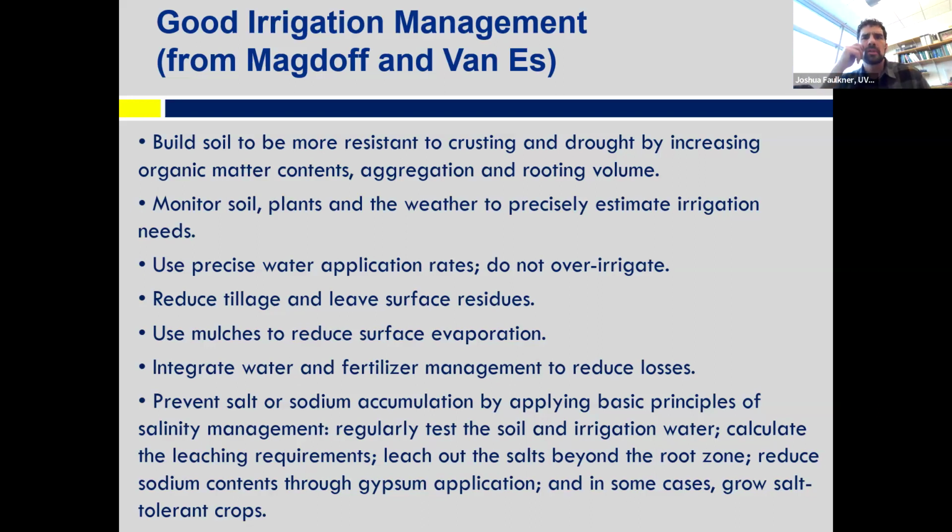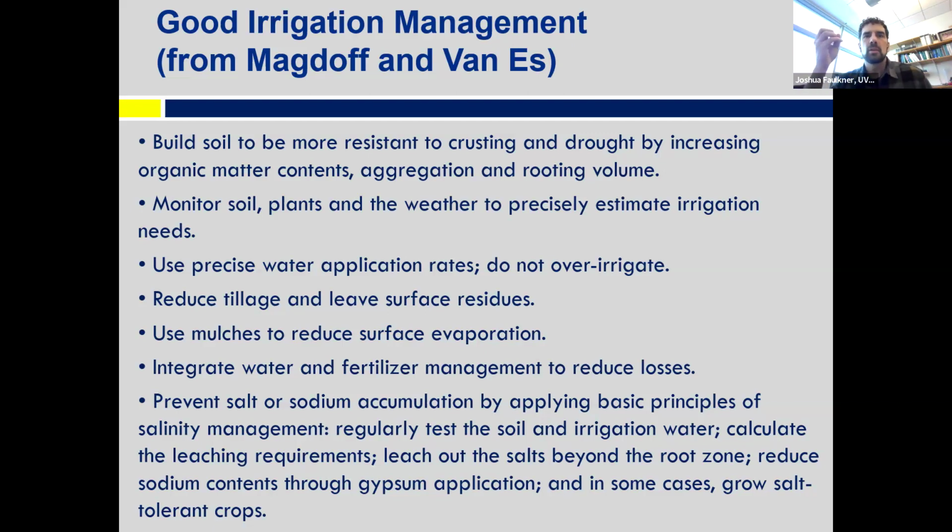Building soil to be more resistant to crusting and drought. Of course, this is everything we talked about up till now. Trying to incorporate organic matter, maintain structure, keep soils covered to prevent crusting.